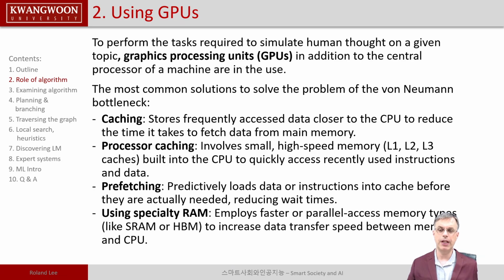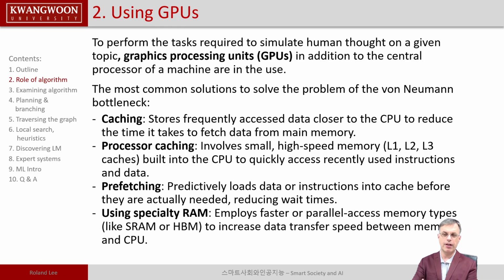So after creating a prototype, a typical setup to perform the tasks required to simulate human thought on a given topic, you may need additional hardware to provide sufficient processing power to work with the full dataset required of a production system.